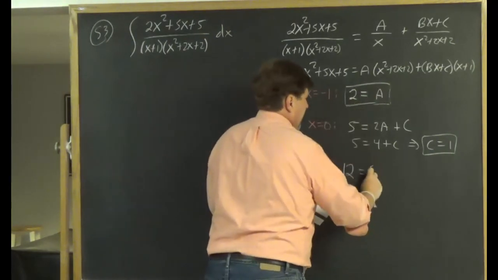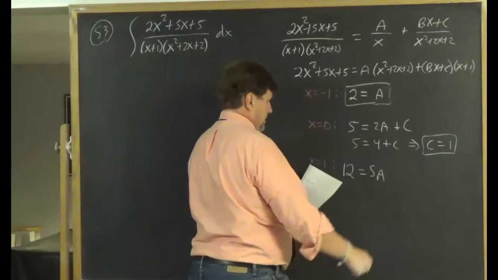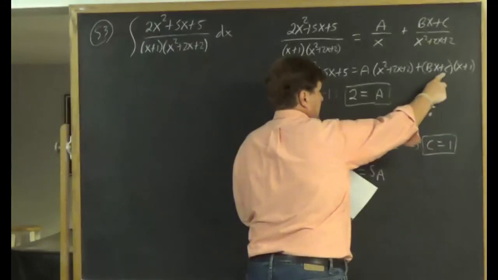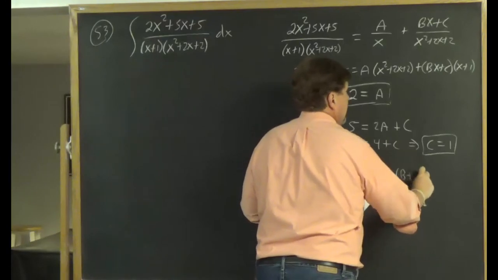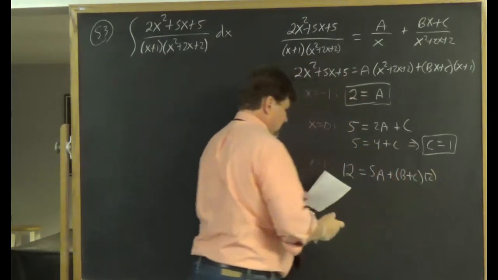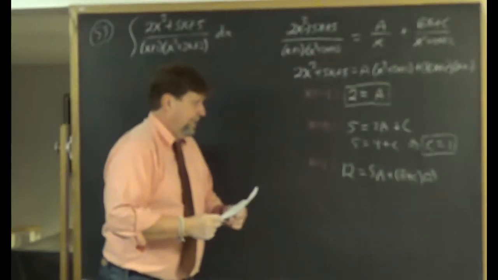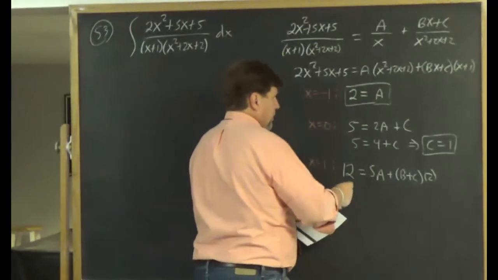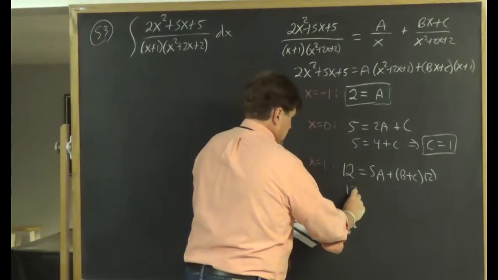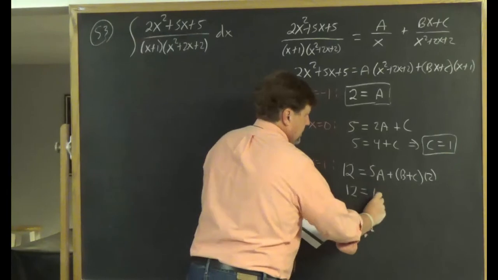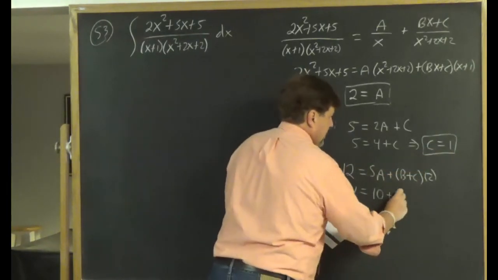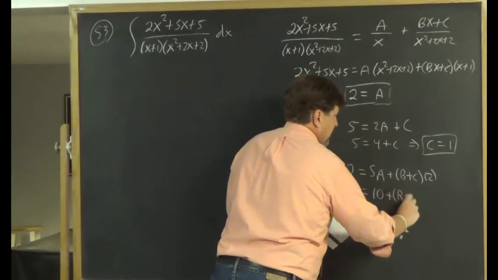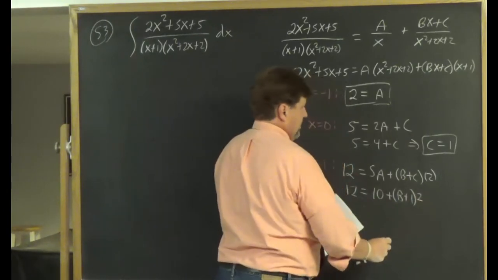And when I pick x equals 1, let's see, here I get a 12. Here I get a 5a. Here I get b plus c times 2. Well, let's use the numbers we know. We know a is 2. So 5 times 2 is 10. We've determined c is 1. So we have b plus 1 times 2.